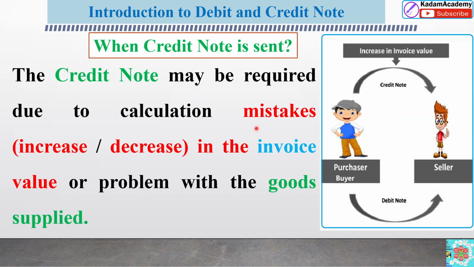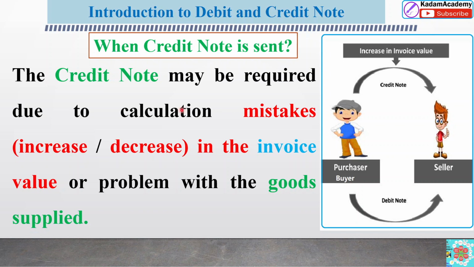The purchaser purchased goods of cost 6 lakh rupees, but during the calculation, when the invoice was prepared, a wrong cost, less or increased, was applied in that invoice. That increase in the invoice value, or a problem with the goods supplied, may be the reason. Few goods are rejected, and the buyer will send them back to the seller.